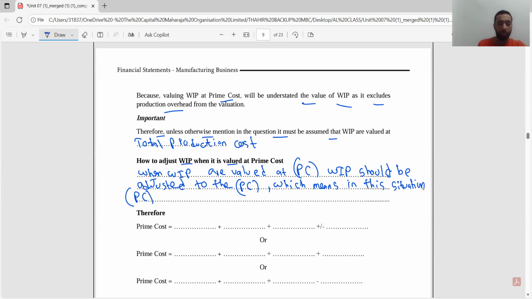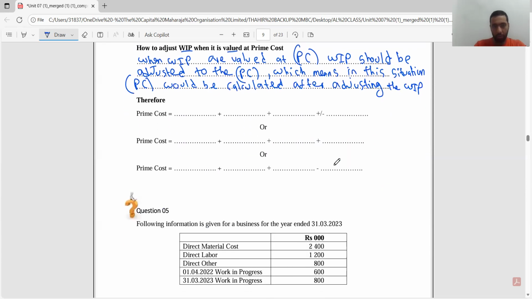Prime cost would be calculated after adjusting the WIP, right? Okay. So we'll learn this. Make sure you all are taking this down quickly.